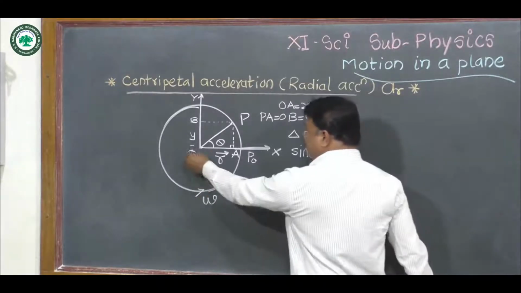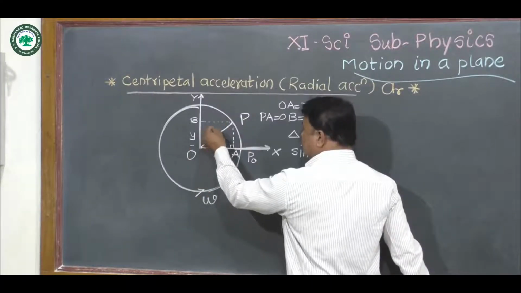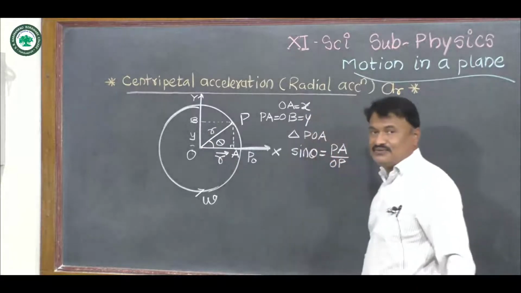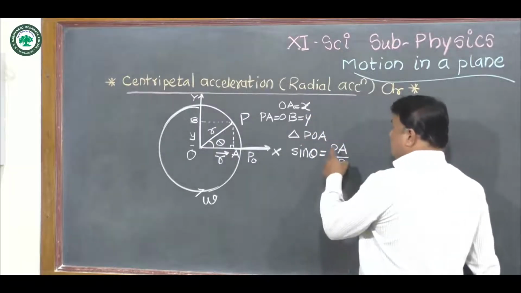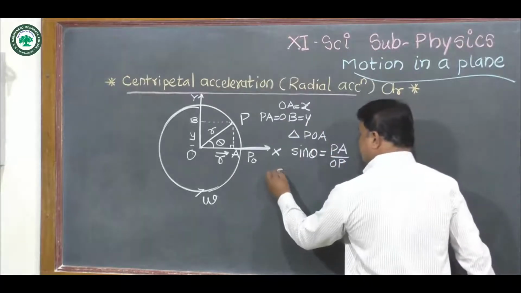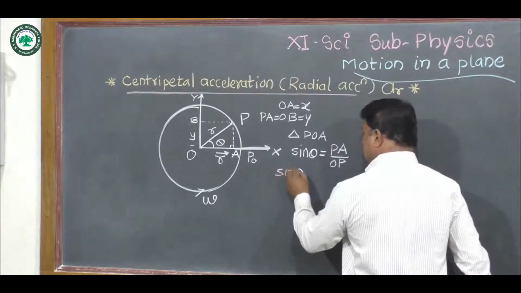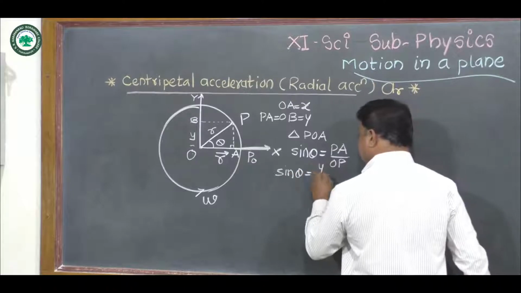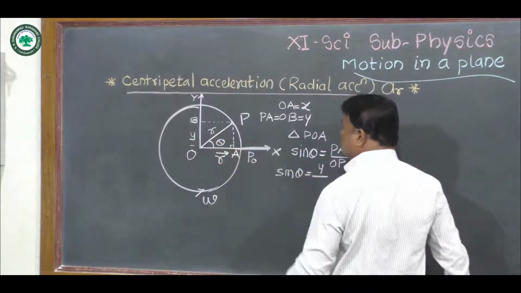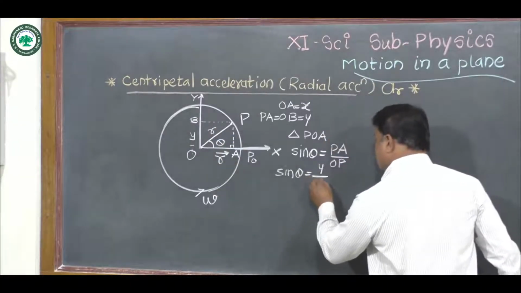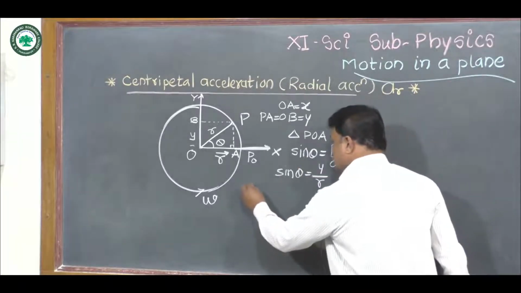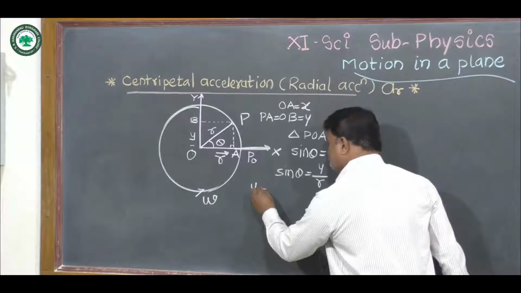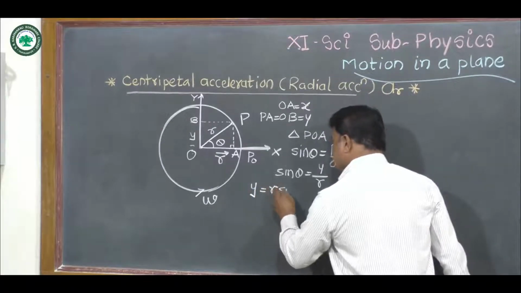The magnitude of OP is equal to the radius of the circle, which is shown by small r. PA is equal to y, so we get sine theta is equal to y upon r. By rearranging this, we get small y is equal to r sine theta.